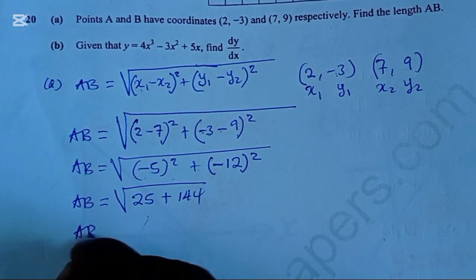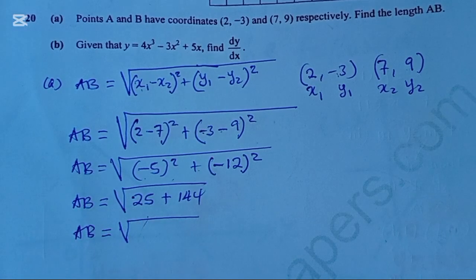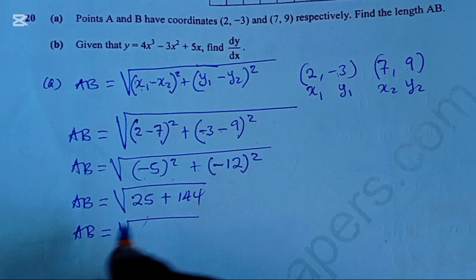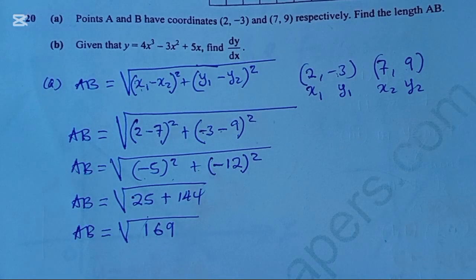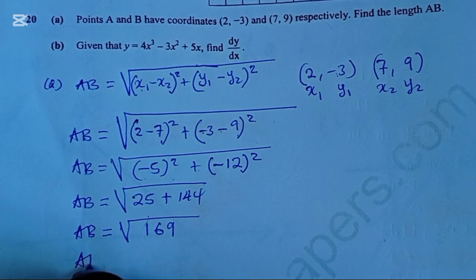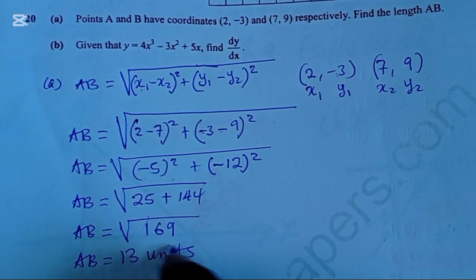So AB is equal to square root of 25 plus 144, it is 169. So the square root of 169, it is 13. So AB is equal to 13 units.